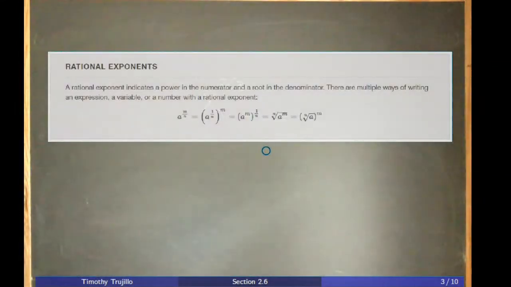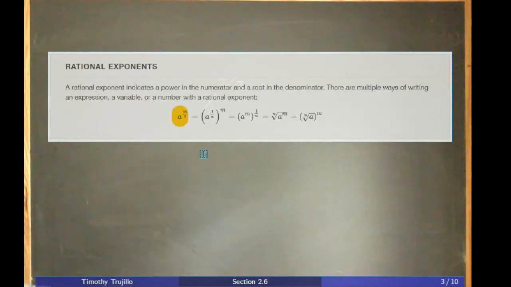So this is just a quick reminder of the review section. Remember, a rational exponent is just something like the following. It's a number a raised to a fraction, m over n. Typically, m and n are just integers. And there are multiple ways of thinking about this.